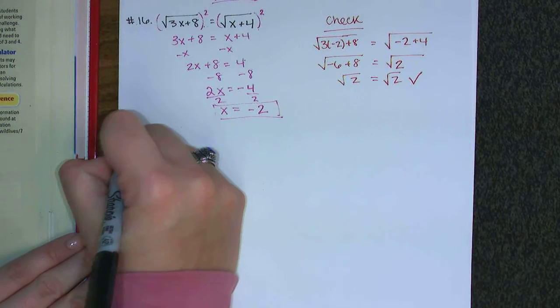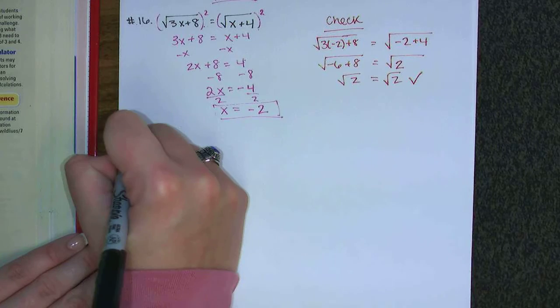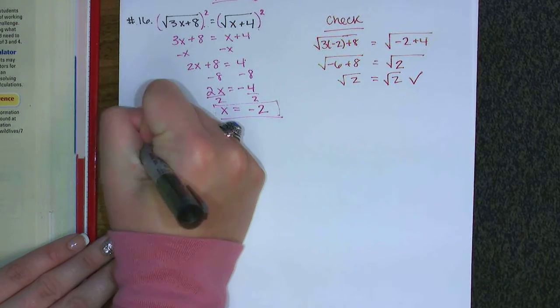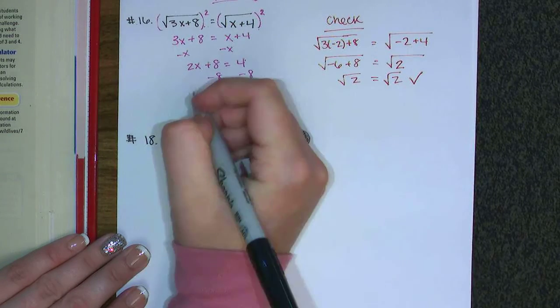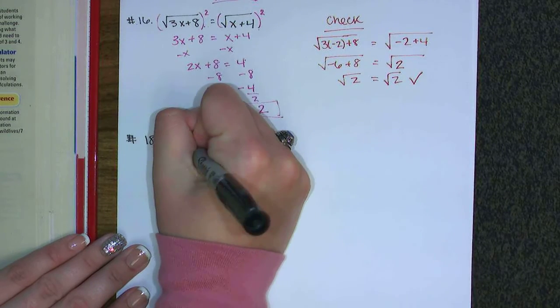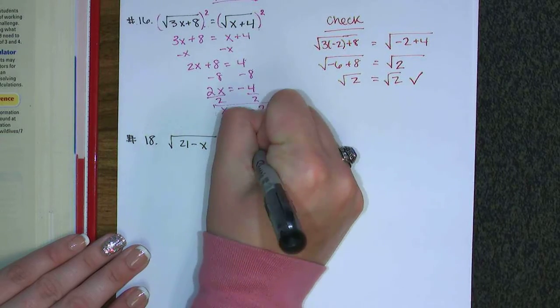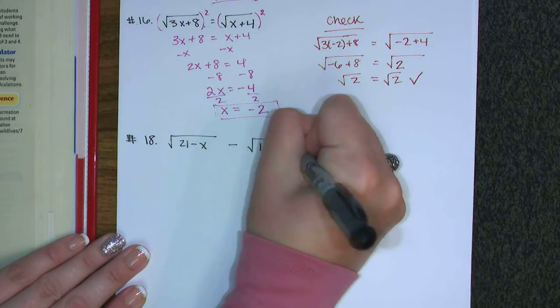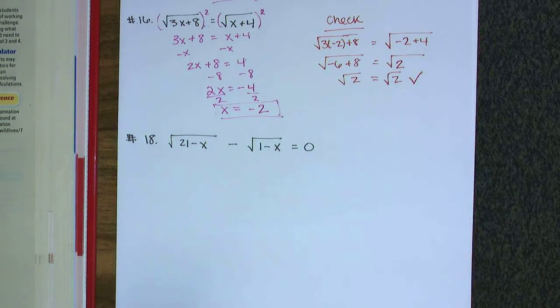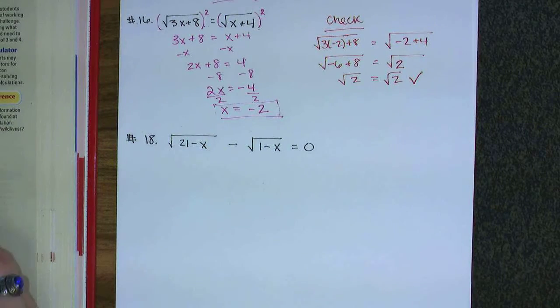All right, and lastly, and I'll give you your homework, number 18: the square root of 21 minus x, minus the square root of 1 minus x, is equal to 0. Now, you may be looking at this and wondering, what do I do with this one?